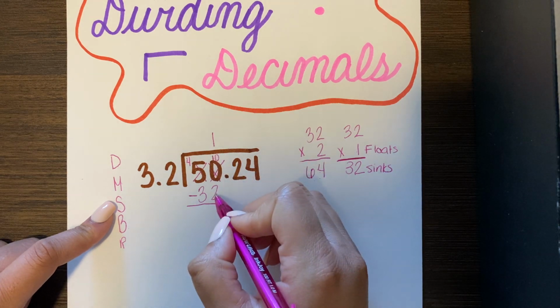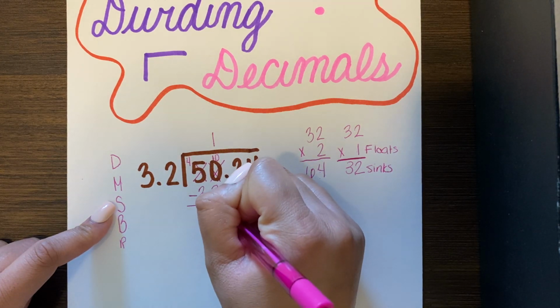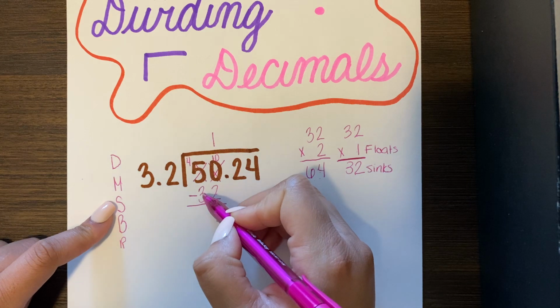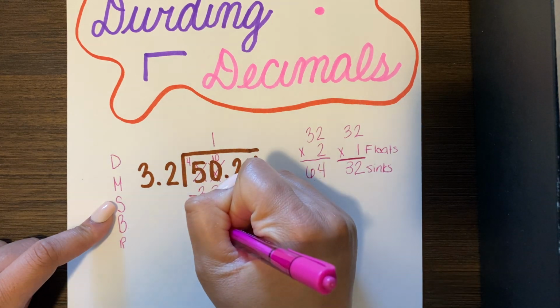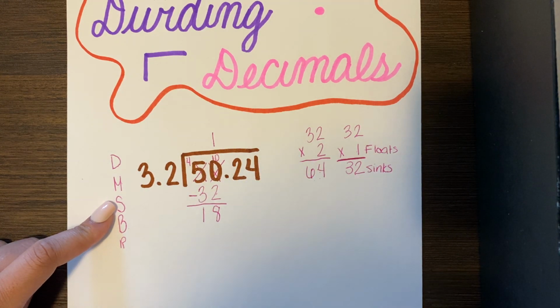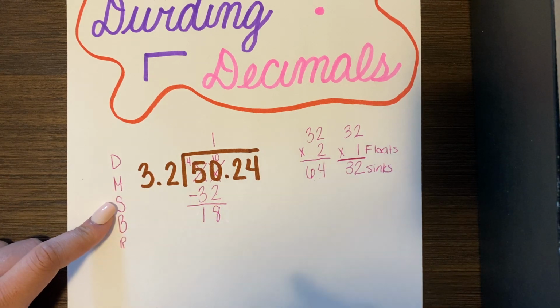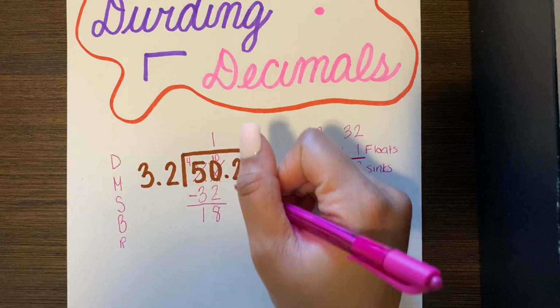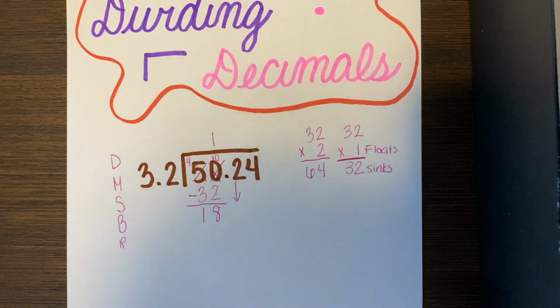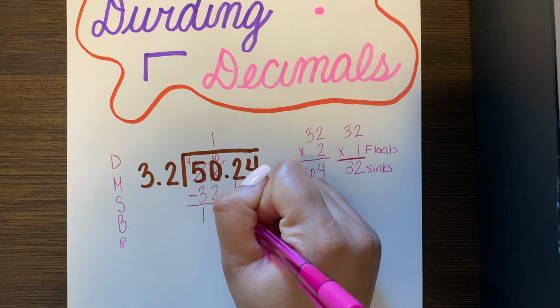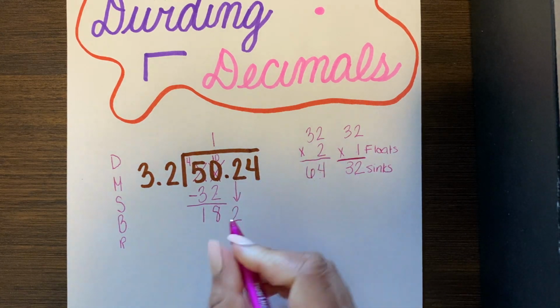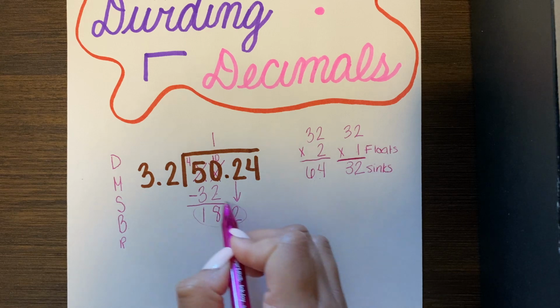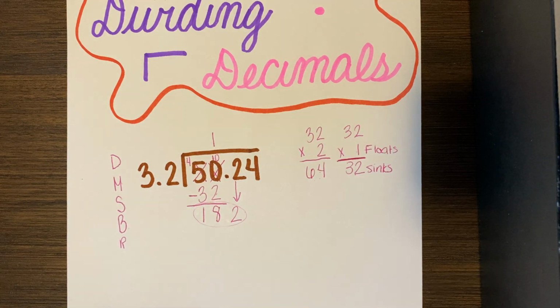Okay, 10 minus 2 is 8. 4 minus 3 is 1. Okay, 18 is less than 32. So I'm going to go ahead and move on with the next step, which is bring down. I'm going to bring down the next digit, which is 2. Now we have a new dividend right there, 182.